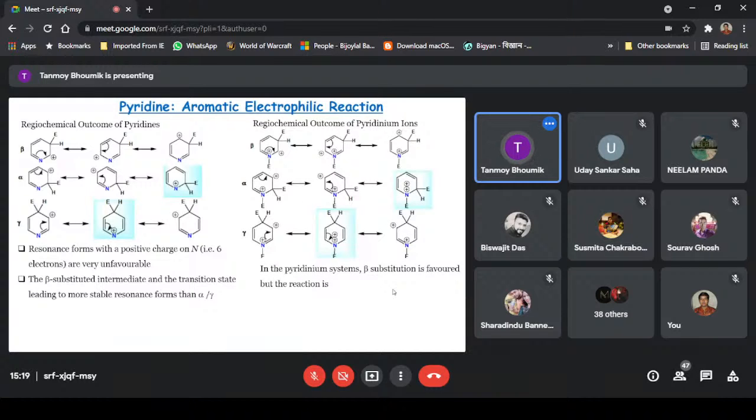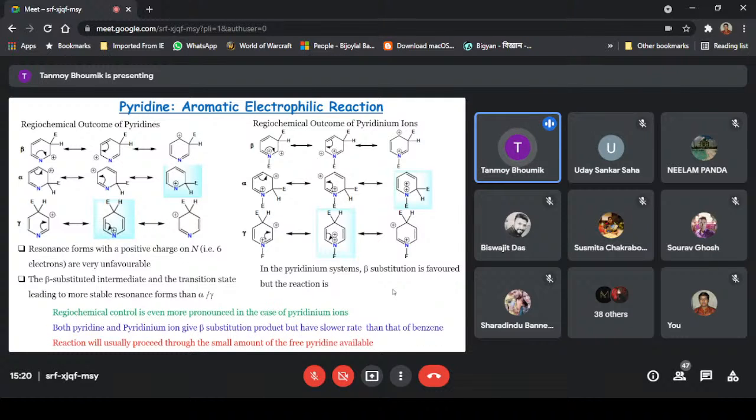There is also the pyridinium ion outcome. Whenever the pyridinium ion forms, what happens? The electrophile attacks the nitrogen atom, forming the pyridinium ion. This pyridinium ion is very unreactive toward electrophilic substitution, because the lone pair is drawn toward the positive charge.